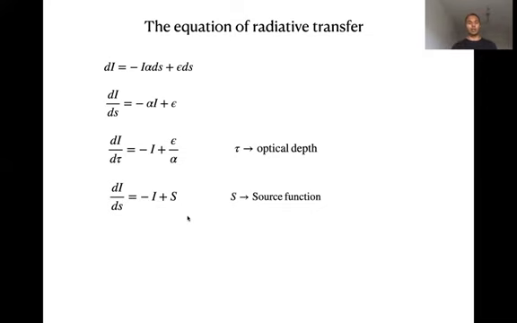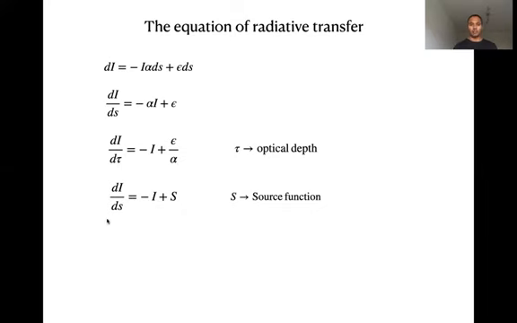One important thing to note here is I haven't written the arguments of all of these functions, but they're implied. So for instance, the epsilon and alpha can change with distance along the ray. We will come to some problems of that kind in class. Also notice that all of these quantities depend on frequency.